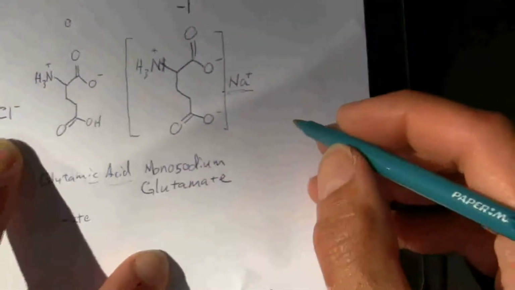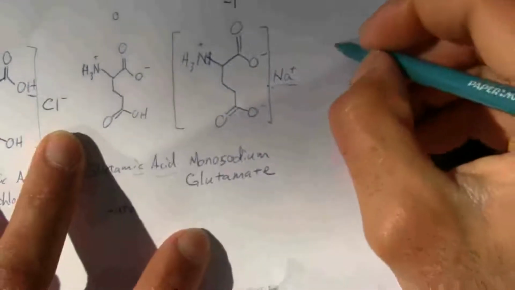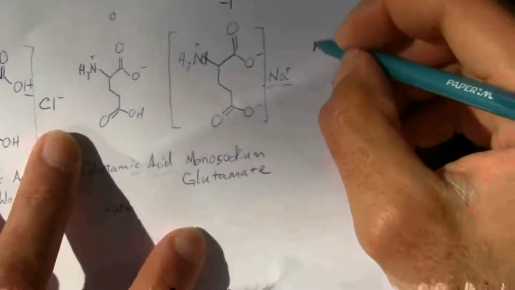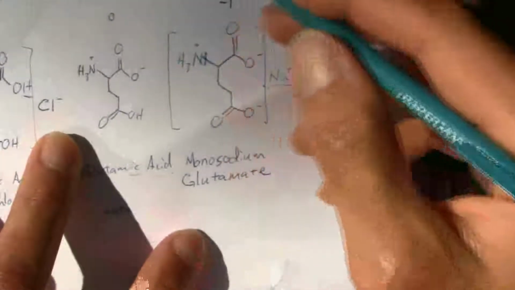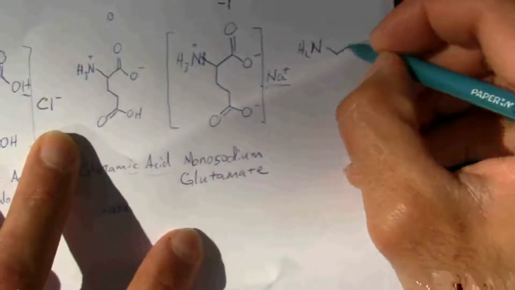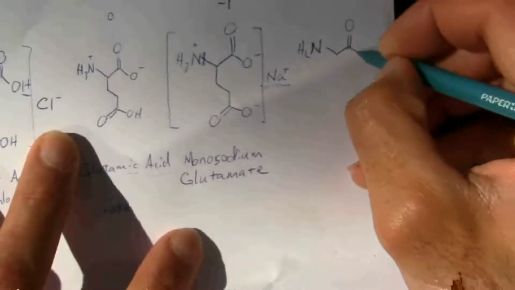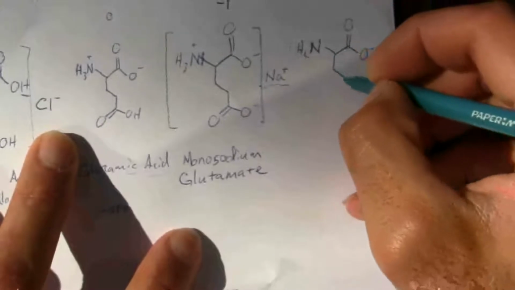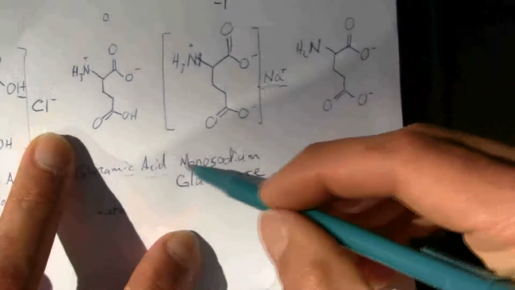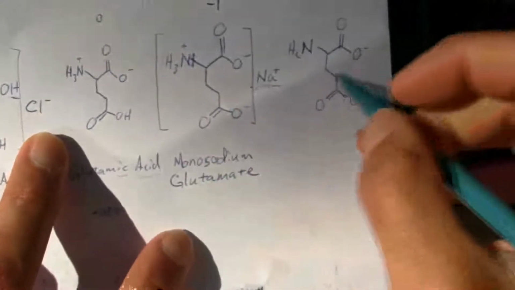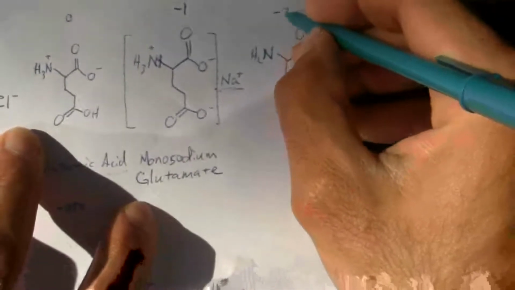There's one other form, and that is if I give up a hydrogen from that basic group over there. That form would just be an NH2, giving up that positive charge, and it would look like this. So if you're ever wondering why we specified monosodium, well, it's because here, what's the charge? It's a -2.